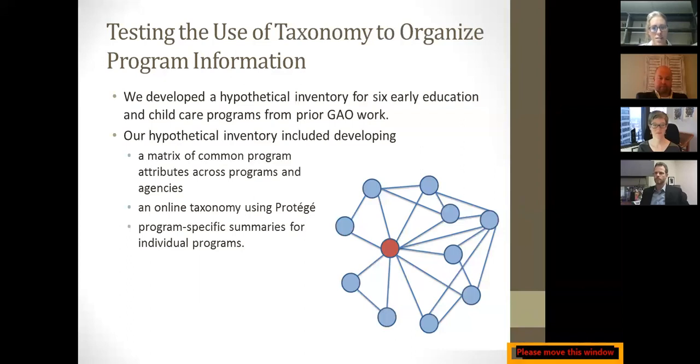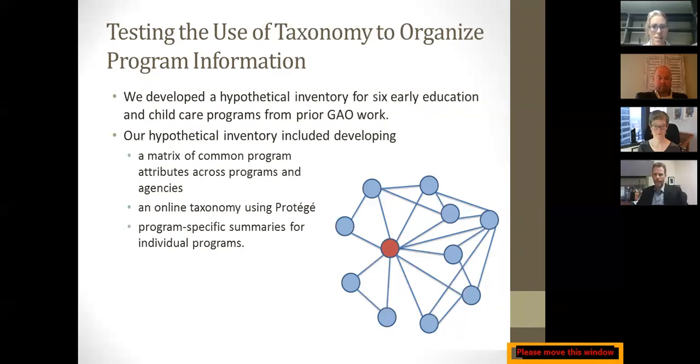We organized this information in Protégé, which is an open source software site that is hosted by Stanford University, and we created a structure with the information in that program. We also created the program-specific summaries for individual programs, so that way the congressional staffers that we met with could see what some potential information you could gather from a program inventory would result in.